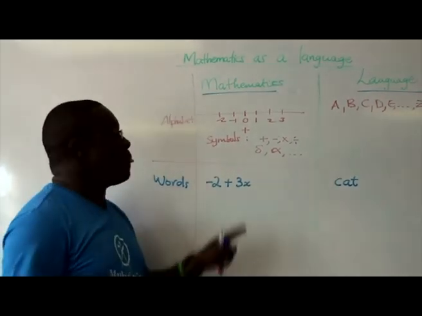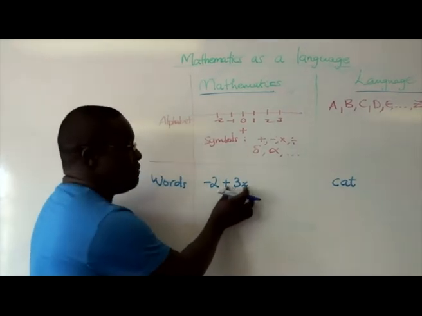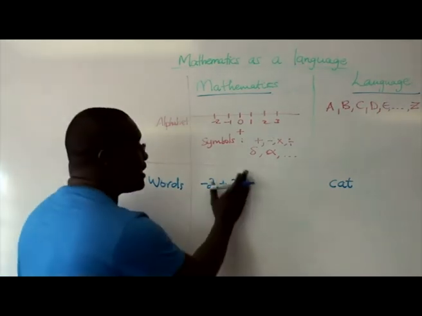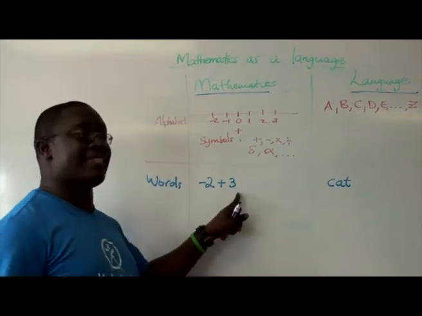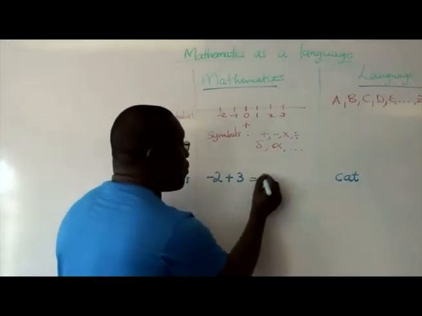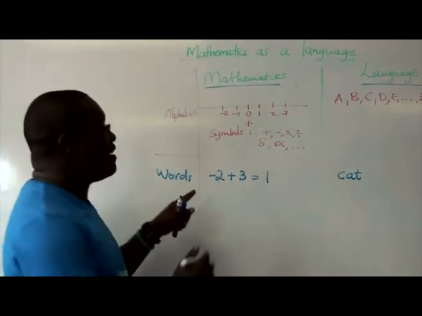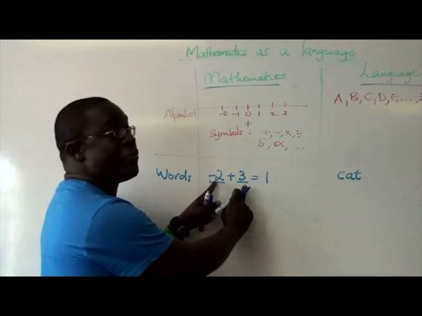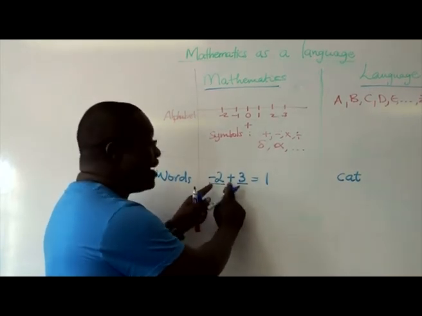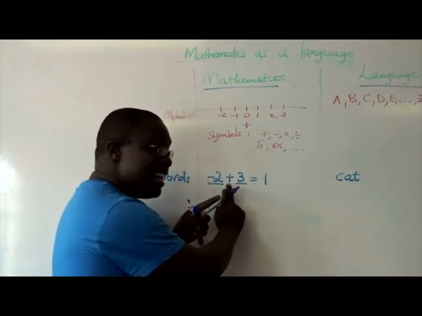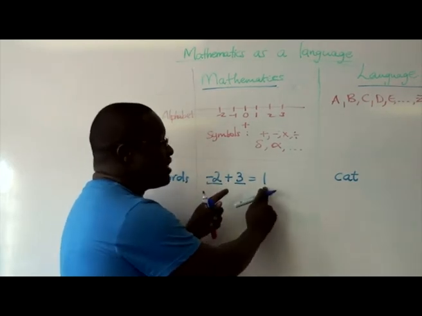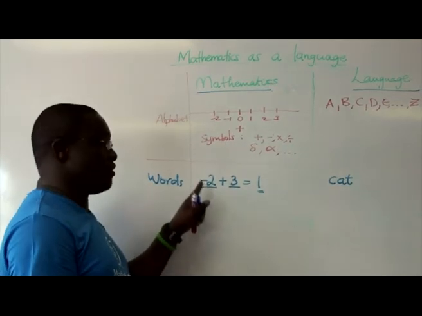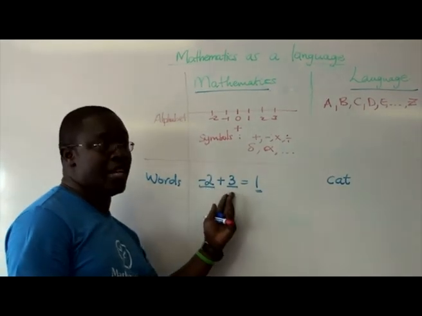So, in fact, let's take out the x so that you don't get confused. Let's just use it like this, right? -2 plus 3 will give you 1. So in other words, we have taken 2 letters from the mathematical alphabet and we've joined them together by this symbol, and we've got a word. This is a word that came out from joining 2 letters.